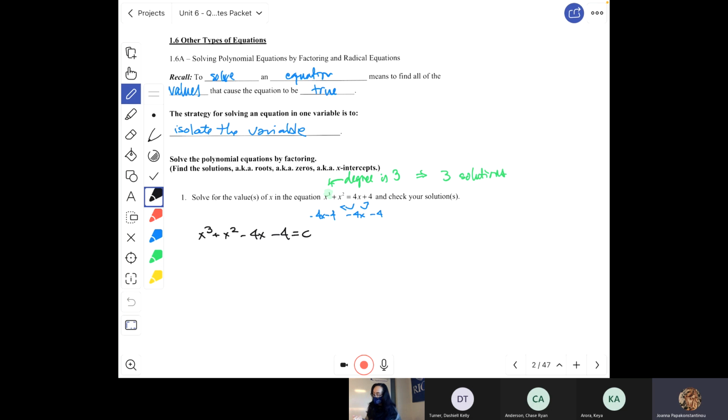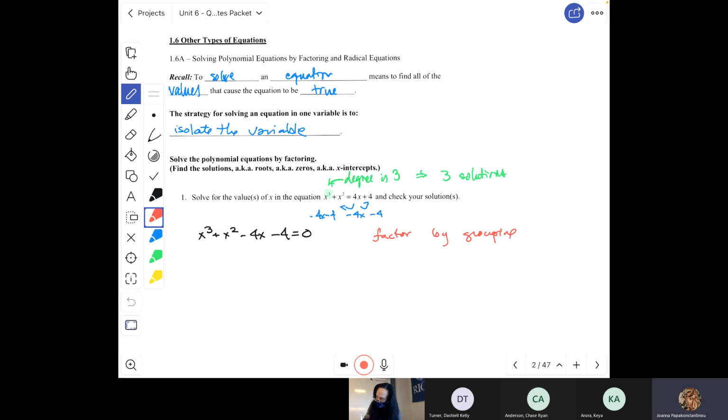Now, hopefully when you see this 4-term cubic polynomial on the left-hand side, your gut instinct would be to factor by grouping. So maybe, maybe not, but in this case, I'm looking at these 4 terms and I want to factor by grouping.